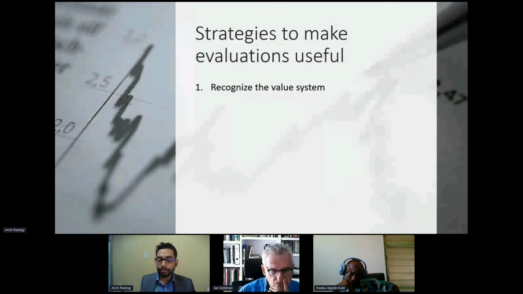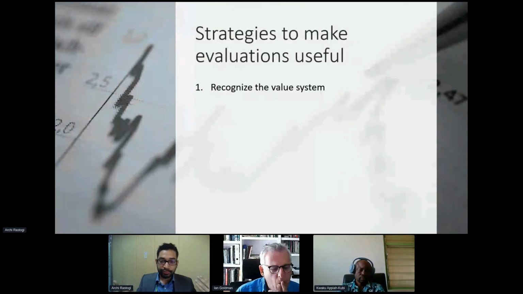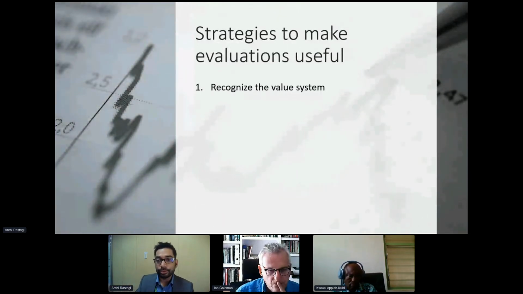Evaluations don't occur in a political or social vacuum. So if I am providing to a user a strategy evaluation, they can make their own judgments and their own inferences and interpretations depending on the value system that I used to do the evaluation.